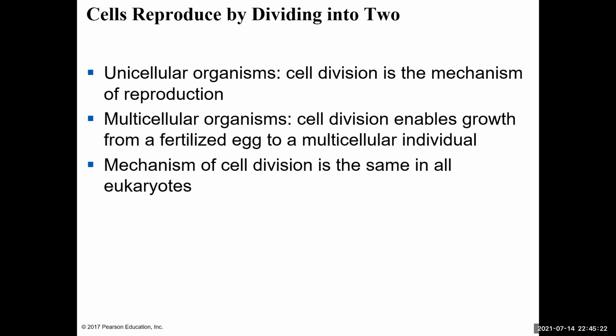Multicellular organisms reproduce either asexually or sexually, but their cells divide throughout their life, and that enables them to grow from an embryo or a fertilized egg into a multicellular individual. And so we'll talk a little bit about those differences as we go through this chapter. The mechanism for cell division is exactly the same in all eukaryotes.